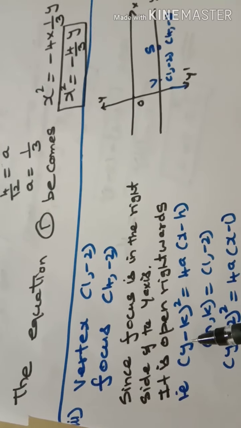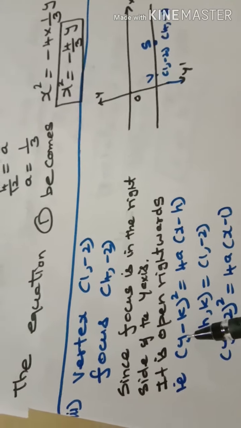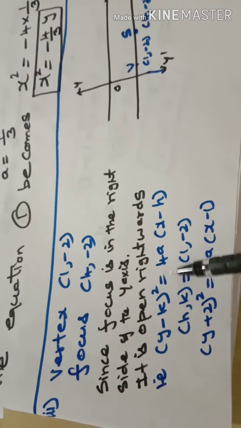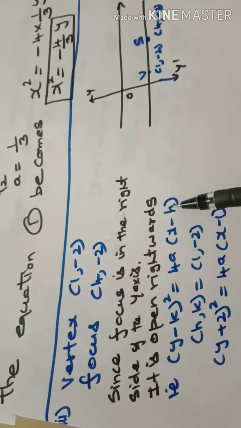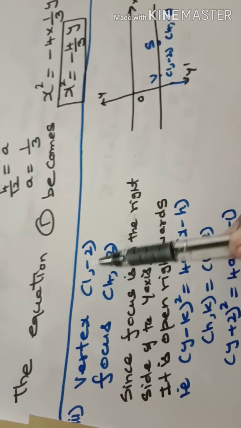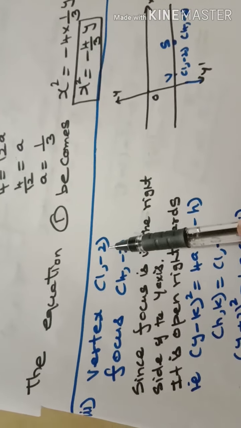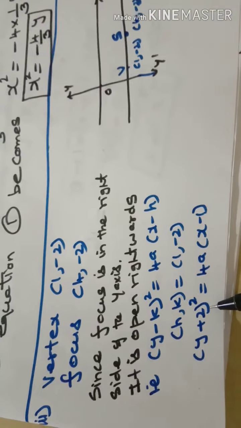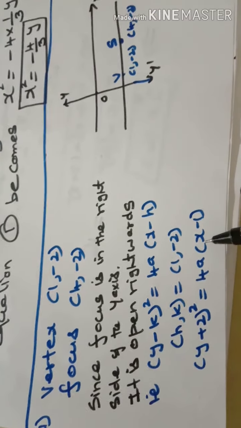So what is the formula here? The vertex is not (0, 0), so we take (y - k) whole square equal to 4a into (x - h). Now the vertex is (1, -2), so substitute here: (y + 2) whole square equal to 4a into (x - 1).